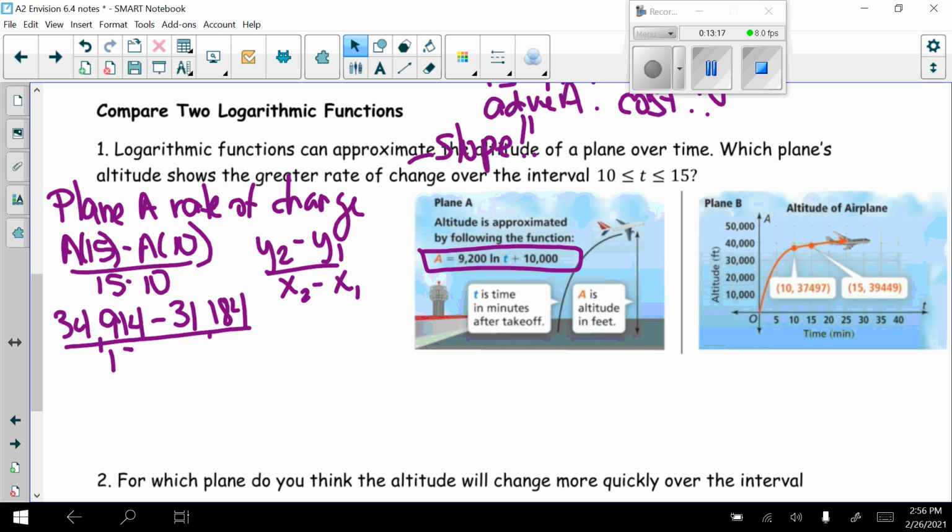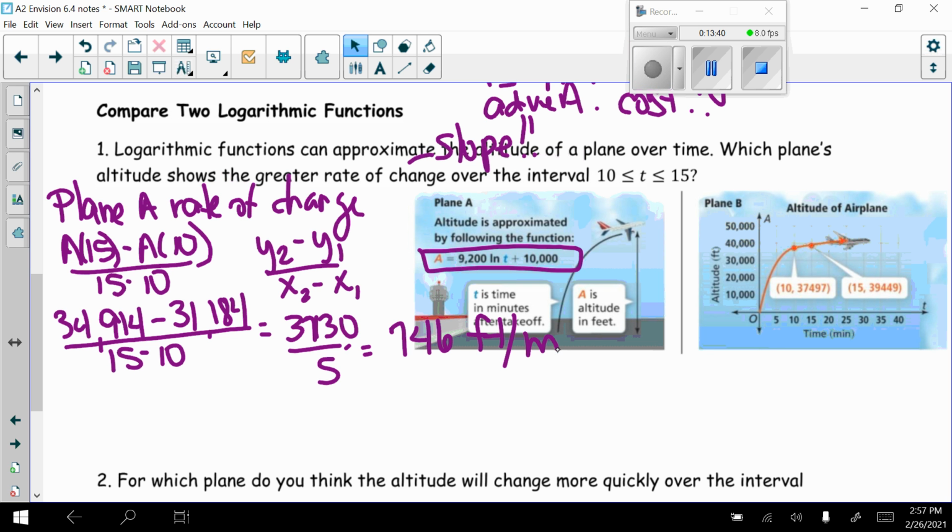Divide that by 15 minus 10, or 5. So this is 3,730 divided by 5, and we get 746 feet per minute. So the average rate of change of plane A is 746 feet per minute.